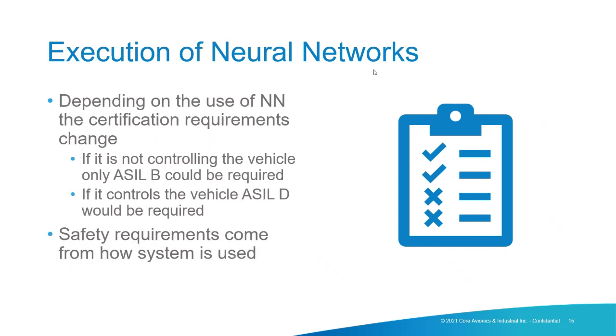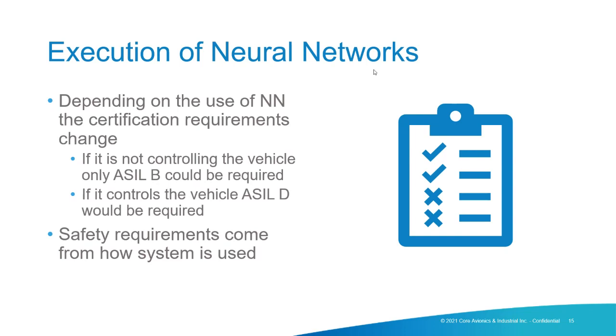The other thing is, depending on the specific use of the neural network, our functional safety requirements will be different. When we're talking about an AR HUD application where it's just providing information to the driver and the driver is still in control of the vehicle, we're looking at an ASIL-B type classification of safety. So there's less functional safety requirements for the system overall.